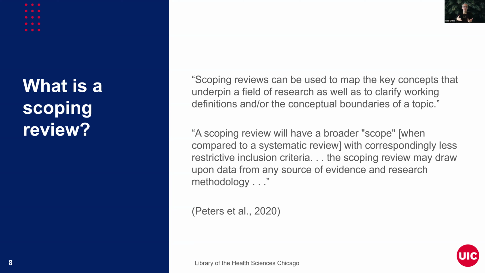You don't have that in a scoping review. You don't need that in a scoping review necessarily. So you do have these broader looks at how the research is written, how you look for the research, and what you can include.